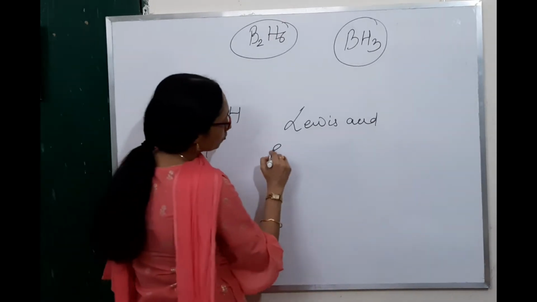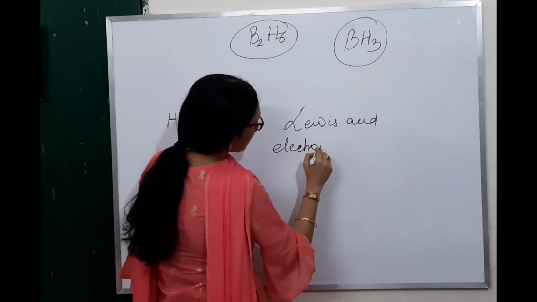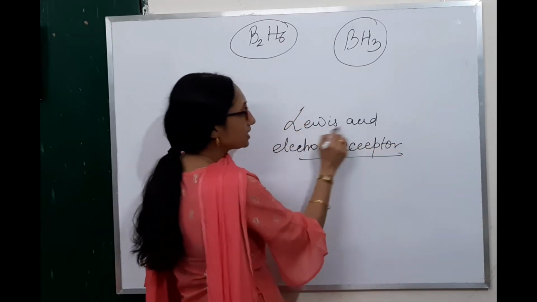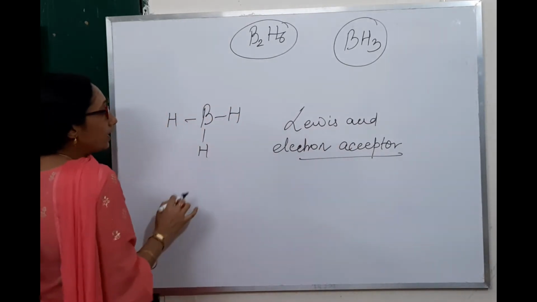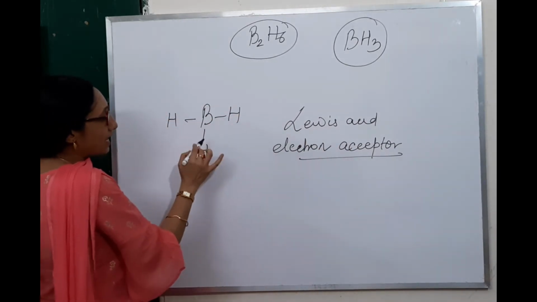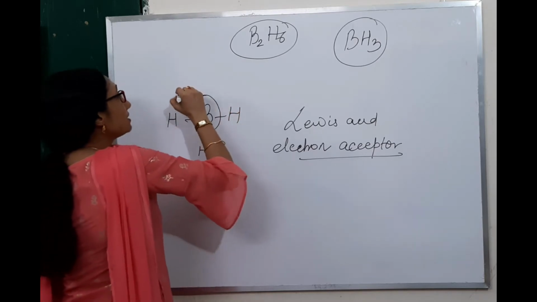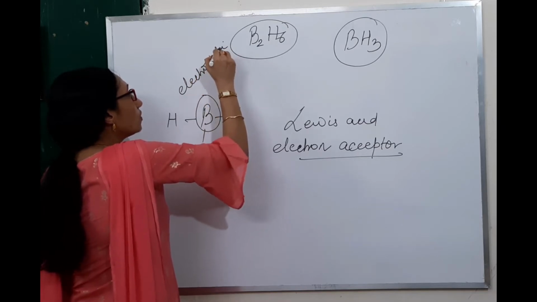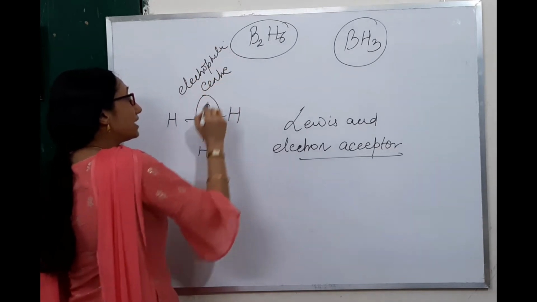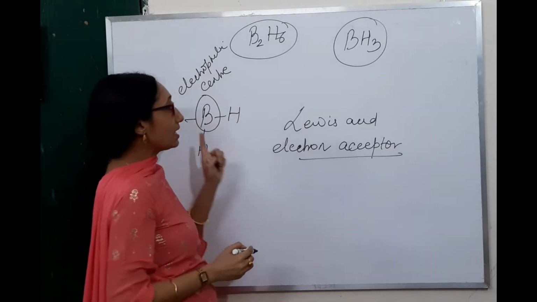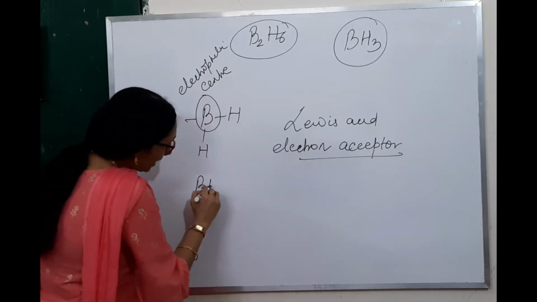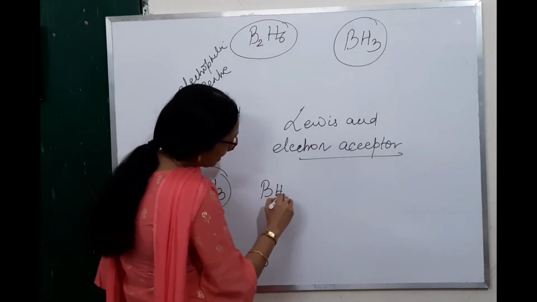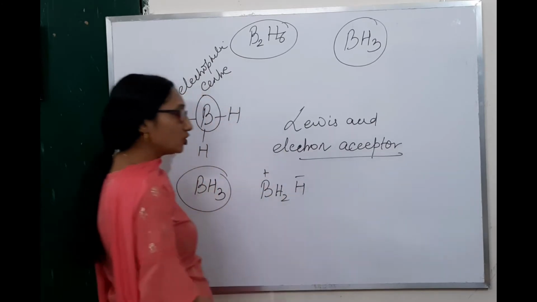So it will be an electron acceptor, and we know that electron acceptor means Lewis acid. Now if BH3 is a Lewis acid, then this boron is the electrophilic center. That means it will be delta plus. Now this BH3, we can visualize it as BH2 plus and H minus.